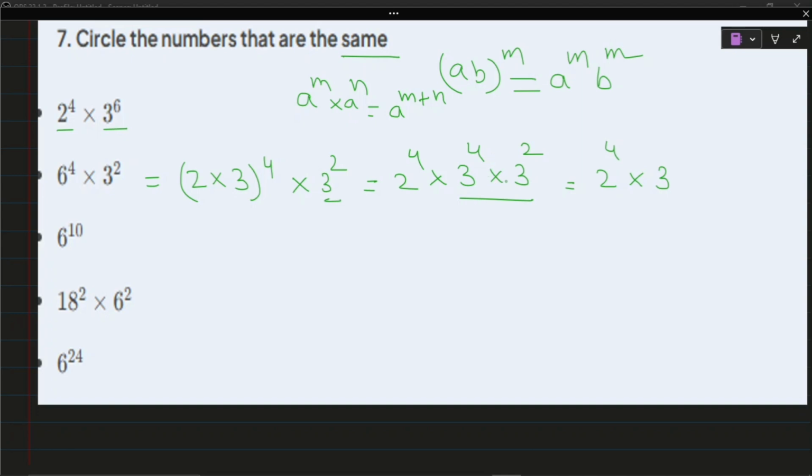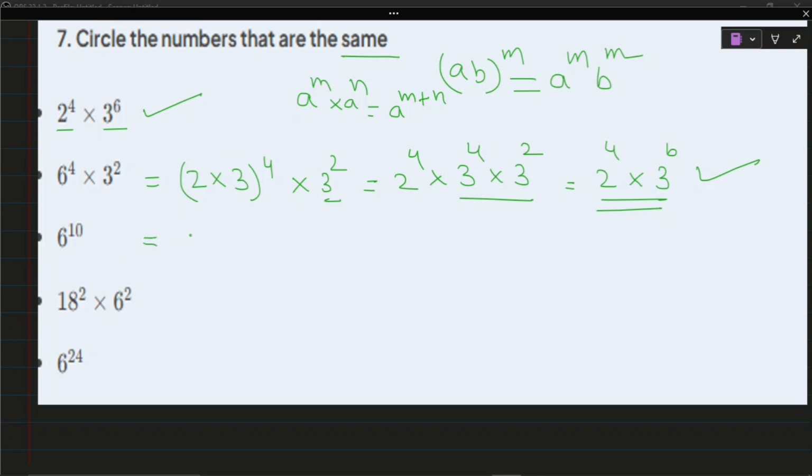Here multiplication is coming, so add the power. So 3 raised to 6. So you can see first and second are the same. Here also 2 raised to 4, 3 raised to 6, and here also 2 raised to 4 multiplied with 3 raised to 6. Now other question also we will check.